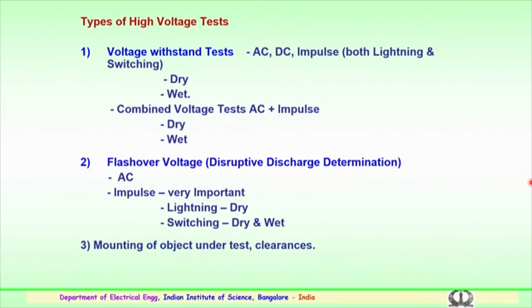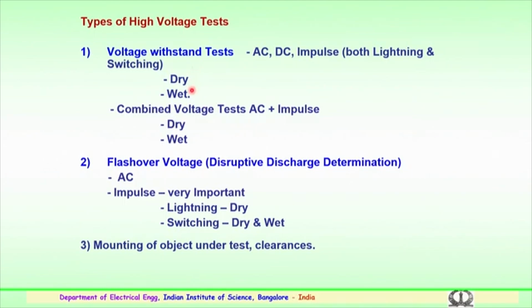General tests conducted in the lab for the insulation are the voltage withstand tests. Again, the voltage withstand could be AC voltage, or DC voltage withstand where the equipment or the insulation is of DC. Impulse is again the surges for both lightning and switching. These lightning and switching surges are generally carried out for two conditions, dry and wet.